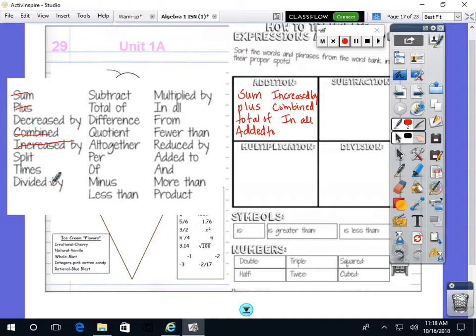We use combine, we use total of. What about all together? That's addition. Added to, we used and. And is also a word that we could use for addition.